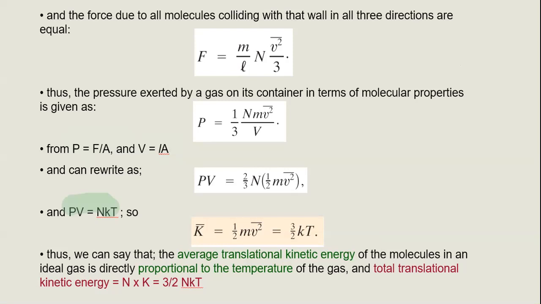We can further simplify so that K, the kinetic energy, with a line on top meaning the average kinetic energy, and because we are talking about translational kinetic energy, the average translational kinetic energy is equal to half mv squared, again the average, or 3/2 kT.